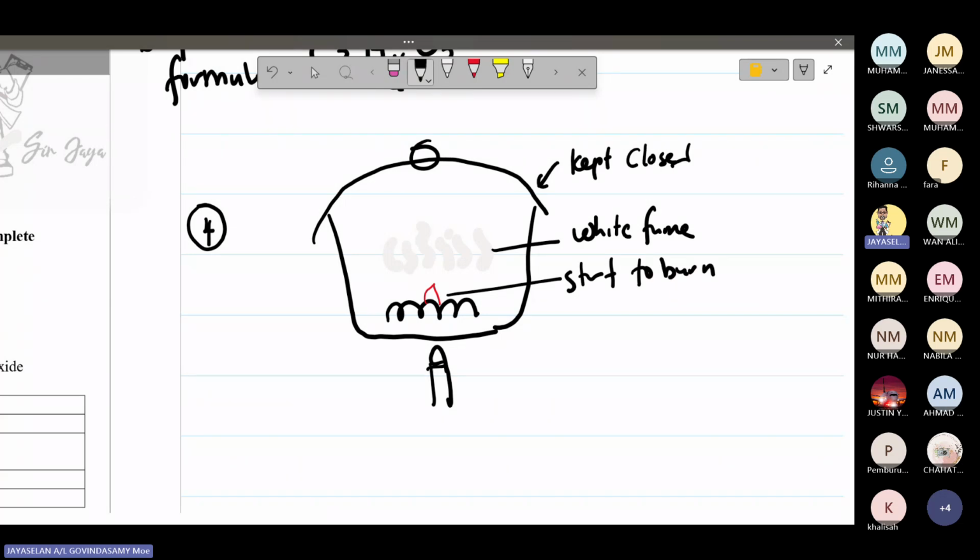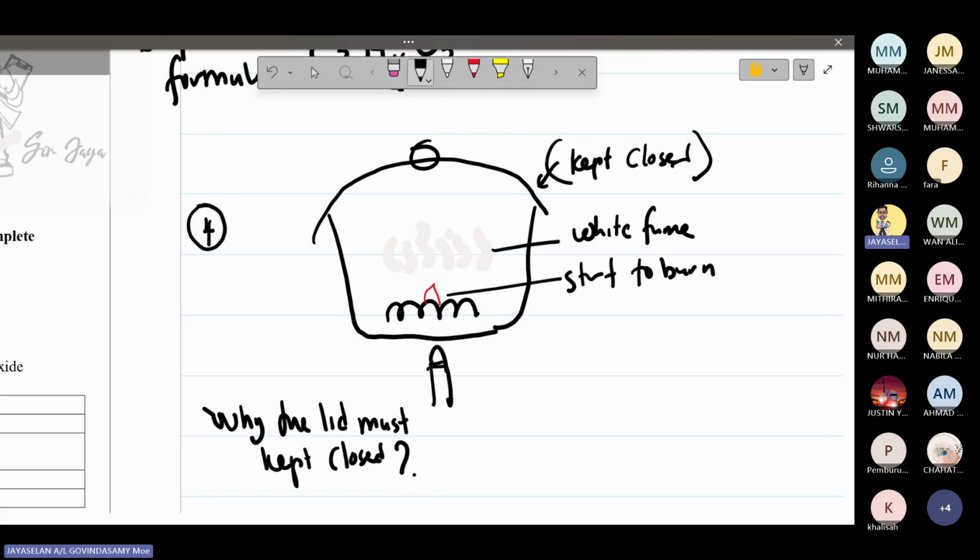Burn, you must do what? The question, why must the lid be kept closed? Question number 4, why must the lid be kept closed? All of you understand kenapa penutup dia kena tutup, tak boleh buka-buka.